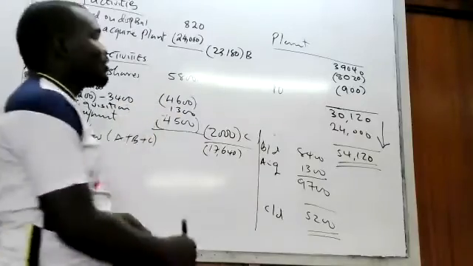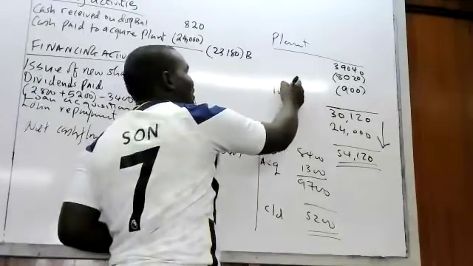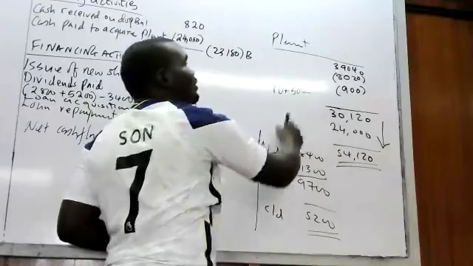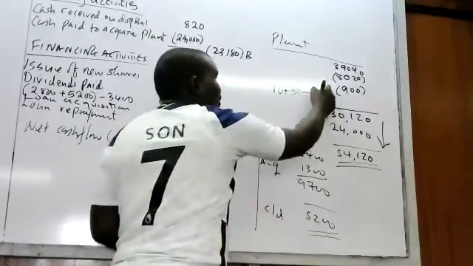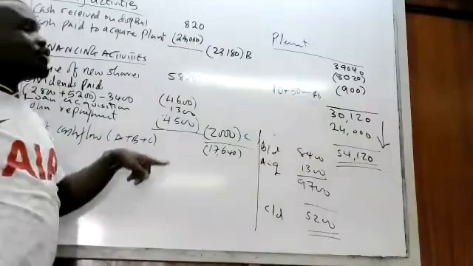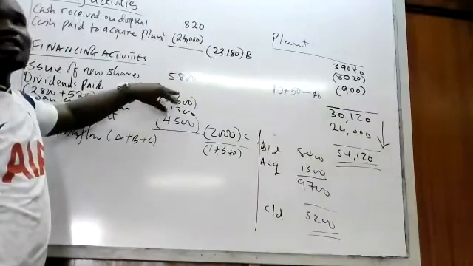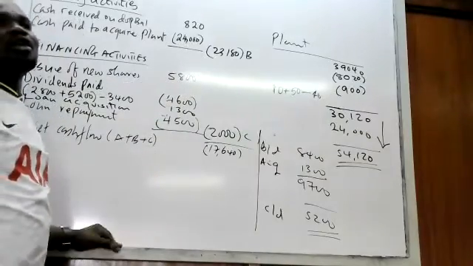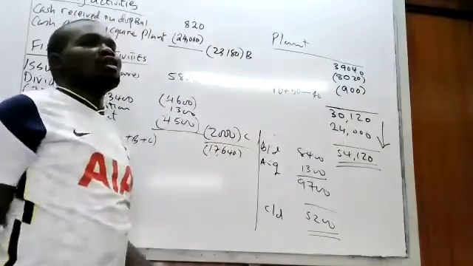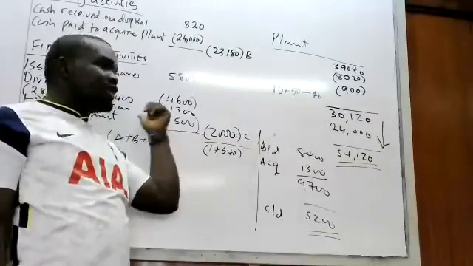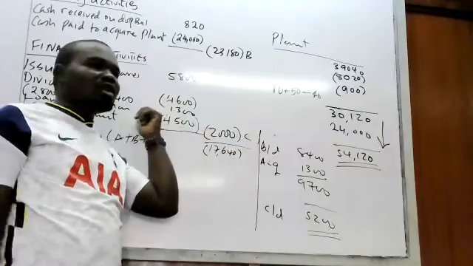Then you go and pay one of those loans, say 40. This one you pay 40, it will be cash out. So you add the one you receive, then subtract the one you pay, because cash flow records cash in, cash out. So we received 13.